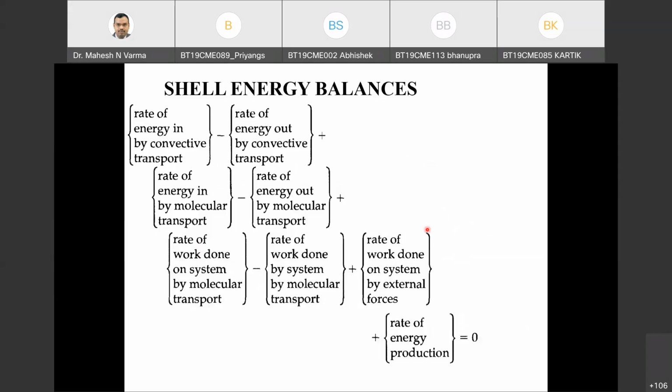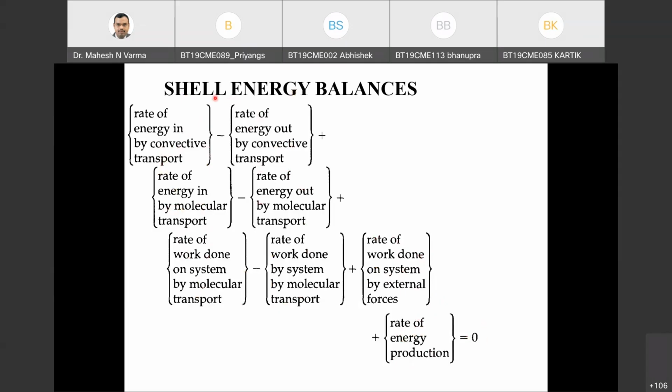So this is the shell energy balance equation, because this is a flow system. We will handle this problem using combined energy flux, because there can be conduction also, convection also, and work associated with that. This will be all external forces which are adding work, and this will be the rate of energy production. So this is the overall shell energy balance for steady state.